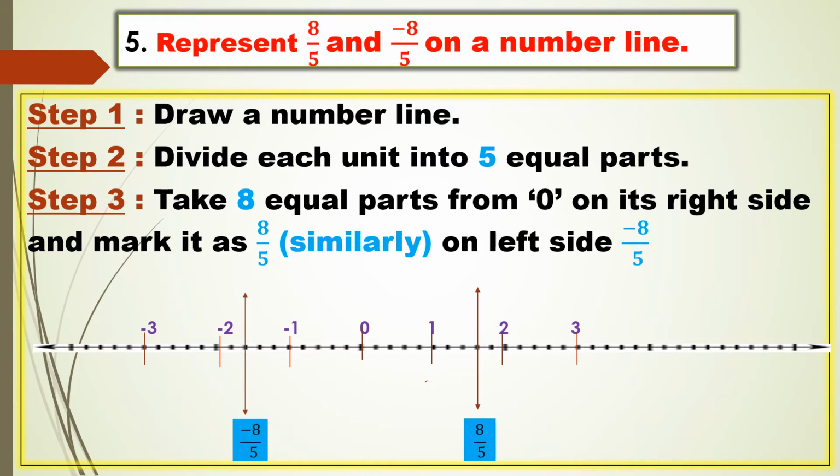Understood? So don't be confused when indicating a rational number on a number line. First, see the denominator and divide 0 to 1 into that number of parts, and from 0 on the right side you denote the positive one and on the left side the negative one. Okay, understood? So let us go to the next problem.